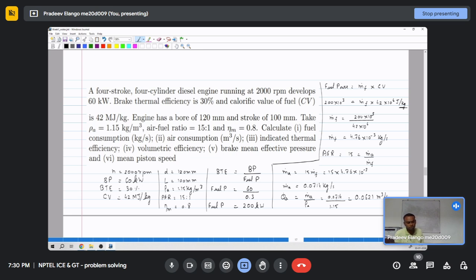So next is to calculate the volumetric efficiency. We have already calculated the volumetric flow rate. This is the actual flow rate, because we have calculated it based on the actual power output and the calorific value.